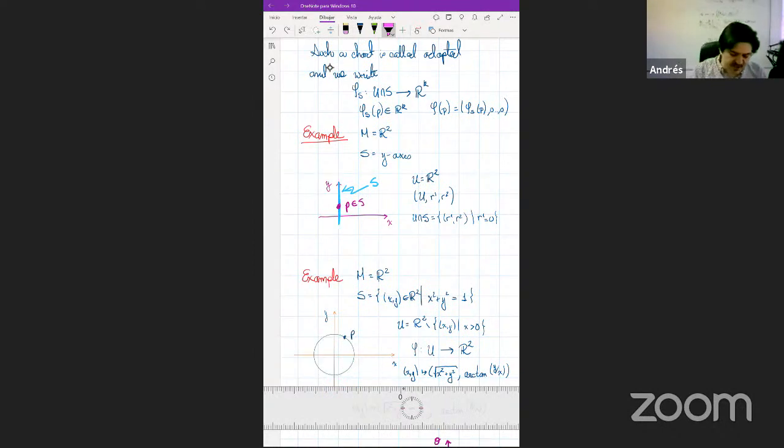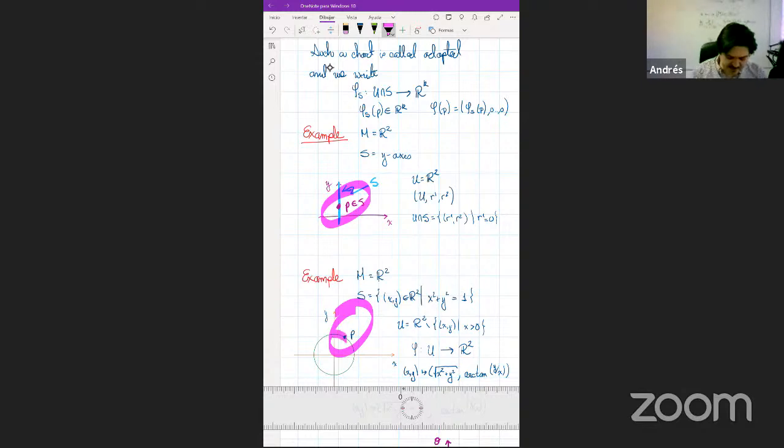Now, the chart that you take is open in R^2. And S is a subset. It has the subset topology.